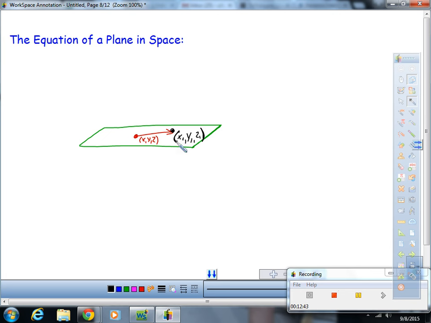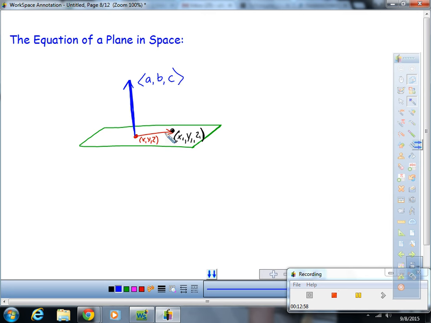So those are points, okay? Now, imagine you knew that at a certain point you had a vector represented by a comma b comma c that was orthogonal to the red vector.